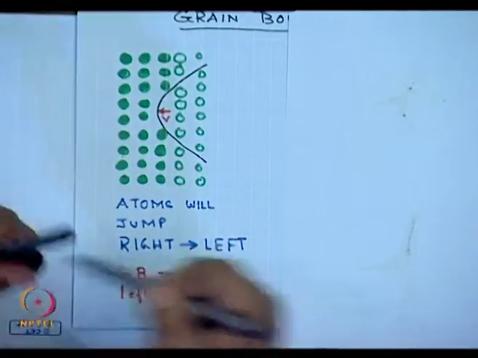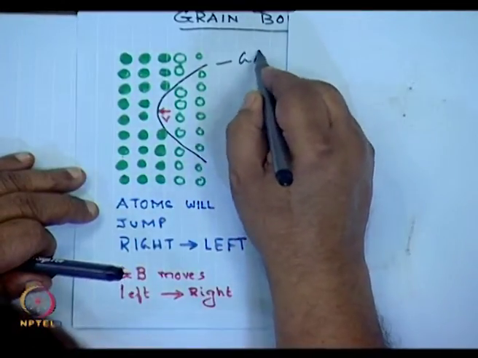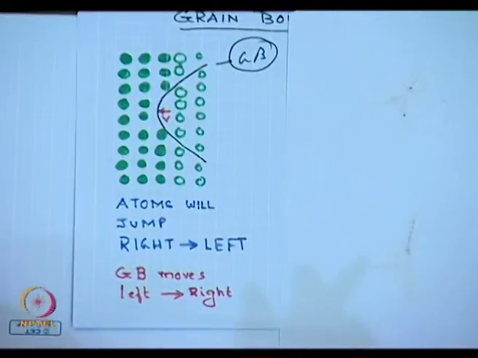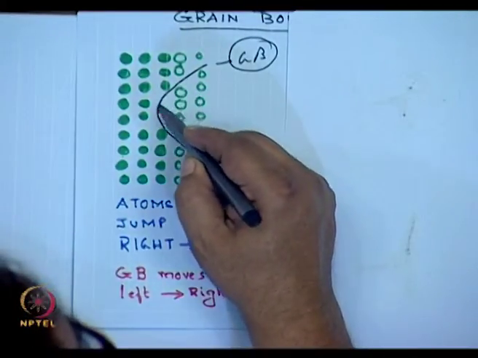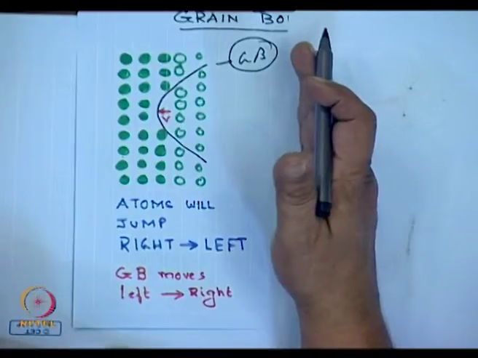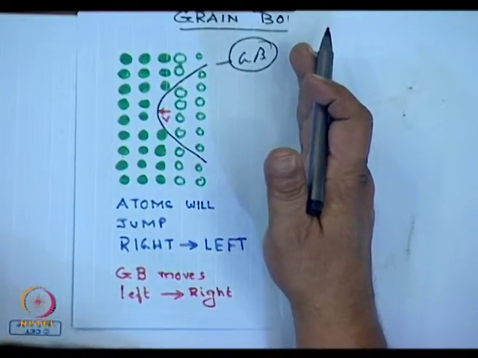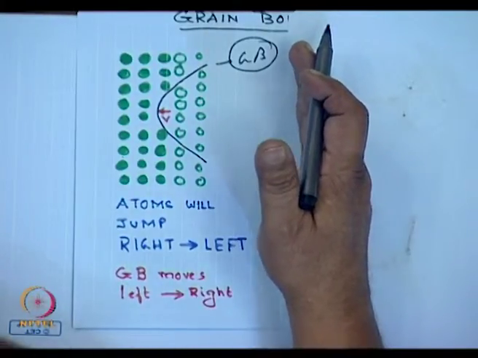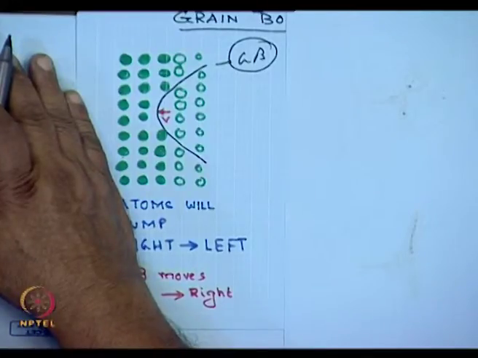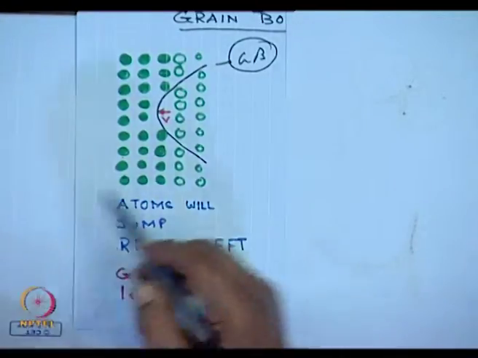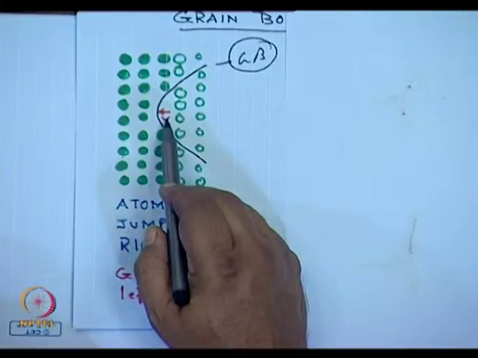This is a grain boundary. This is a concave surface from this side, convex surface from this side, concave surface from this side. You see a vacancy right out here.